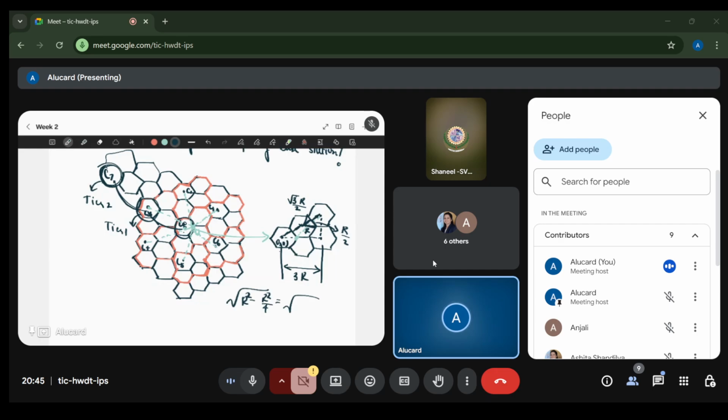So it's 3R squared over 4, which is root 3R over 2.